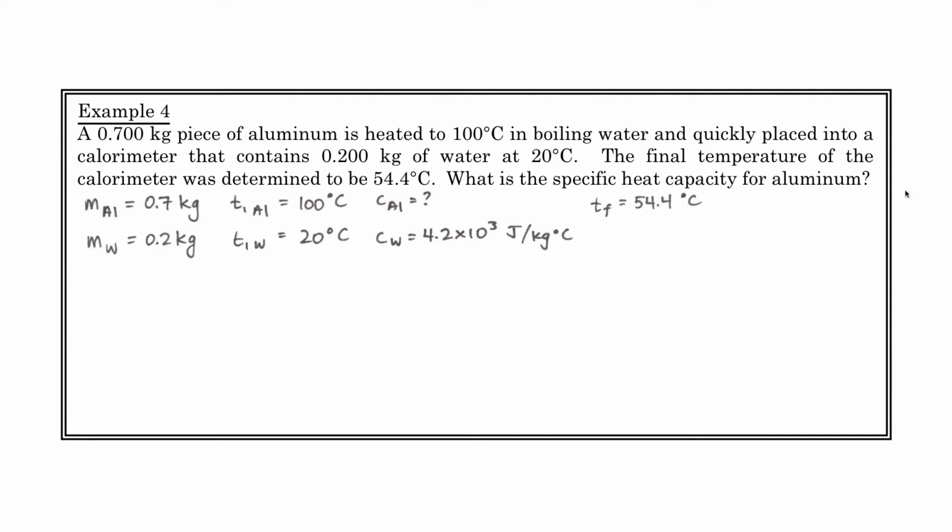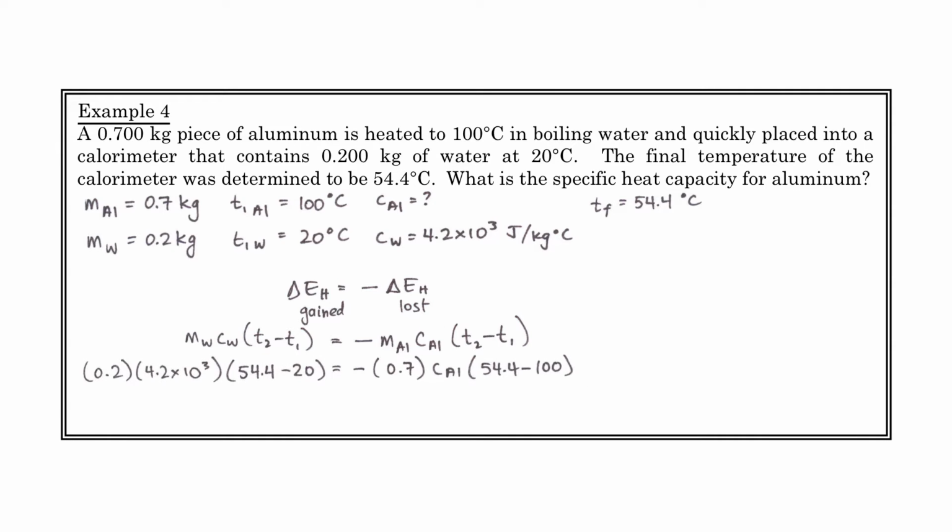And so what we do is that we've got the mass of aluminum, the mass of the water, the initial temperature of the aluminum, the initial temperature of the water. We want to know what the specific heat capacity is. We know what the specific heat capacity of water is, and we know the final temperature. And we can put these together exactly the same way as we did these heat exchange problems, and you'll see that this is very similar to the questions that we were learning in lesson number 7, where we've got one thing that's gaining heat energy, one thing that's losing heat energy.